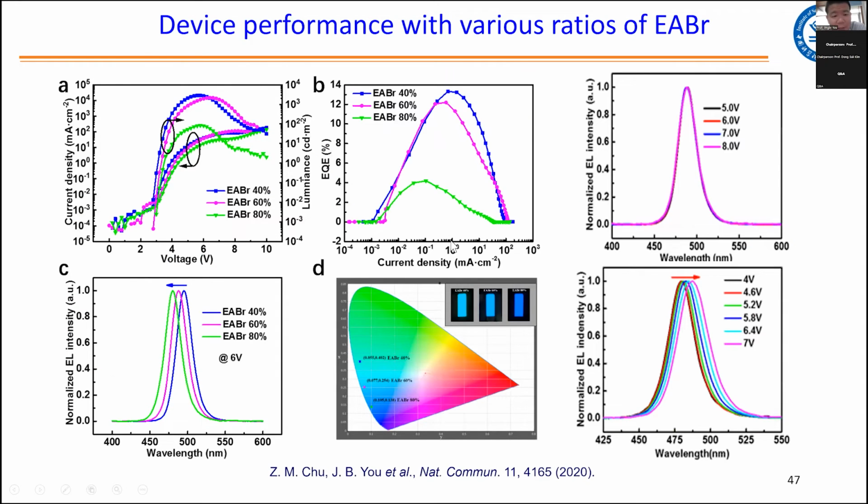So based on these ideas, we can get over 12% efficiency for sky blue, where the emission is at 480 nanometers. If we compare with the halide-mixture perovskite, we can see that after increasing the applied voltage, there is some shift in the spectrum.